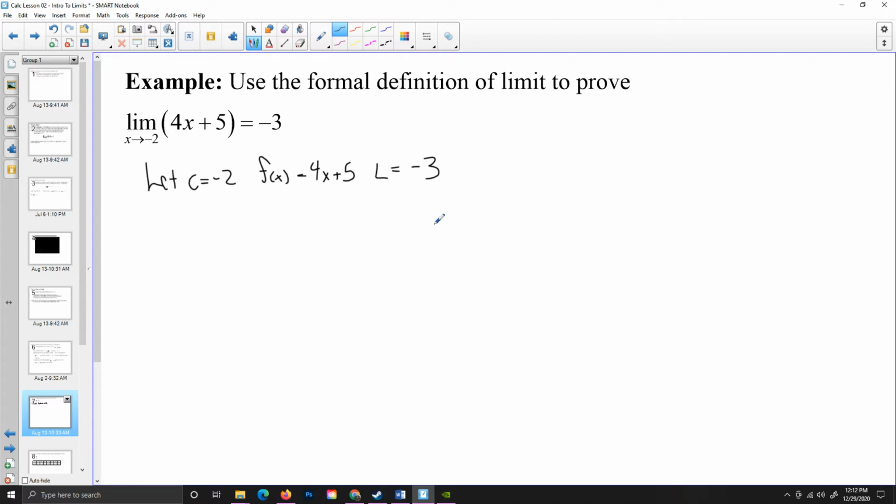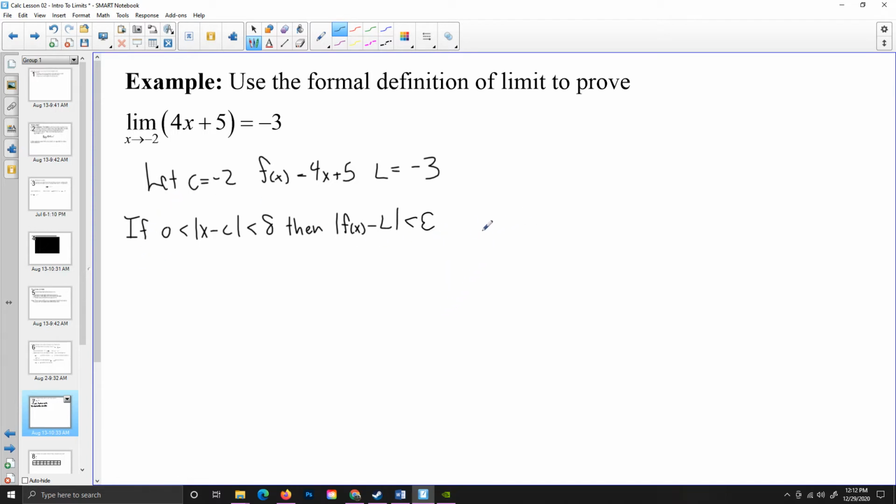All right, and so then we need to set up the statement that we're going to prove. If 0 is less than the absolute value of x minus c less than delta, then the absolute value of f of x minus the limit is going to be less than epsilon.